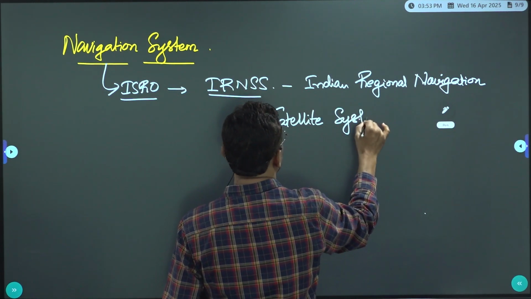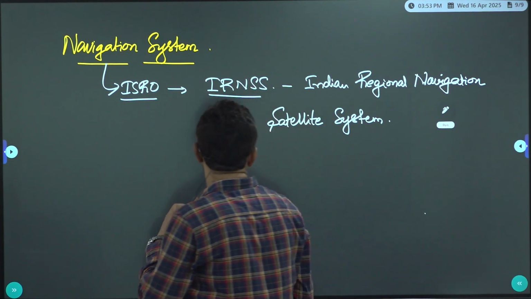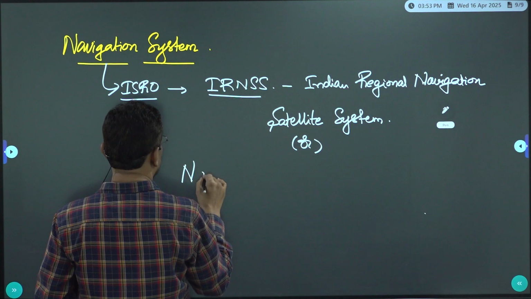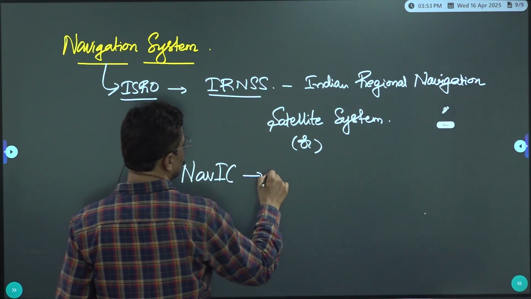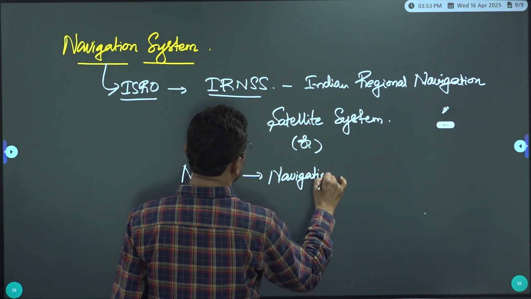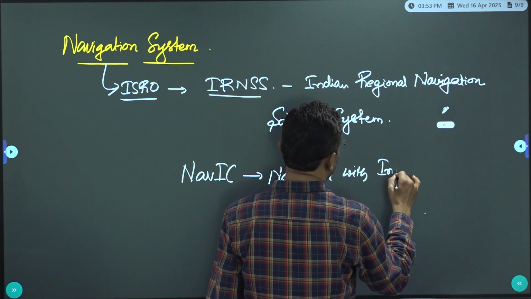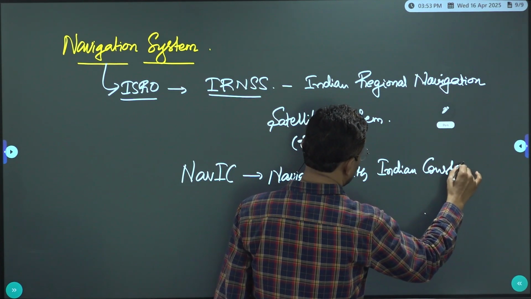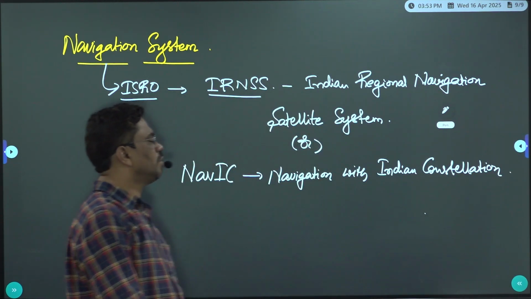This is also called NAVIC. NAVIC means Navigation with Indian Constellation.